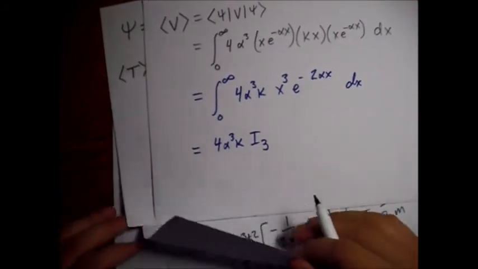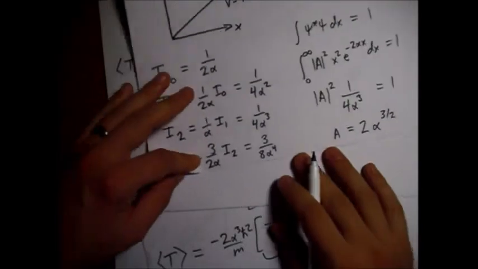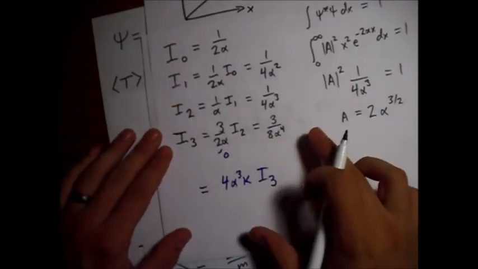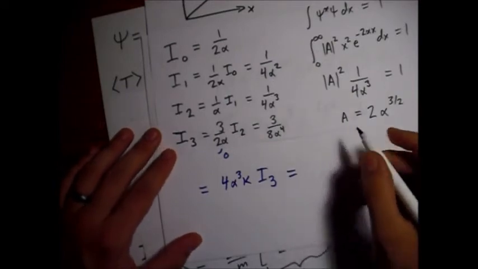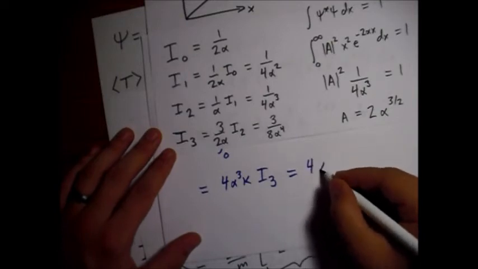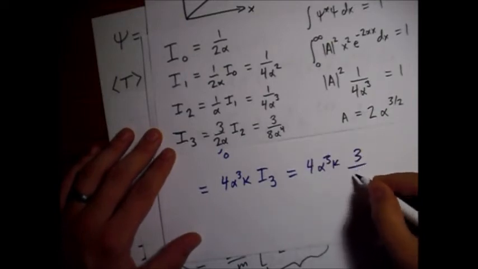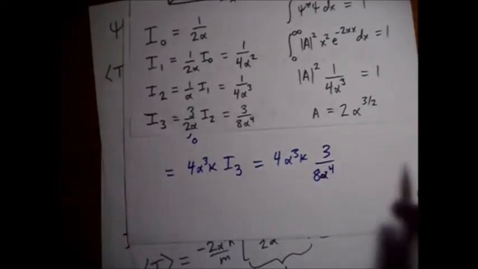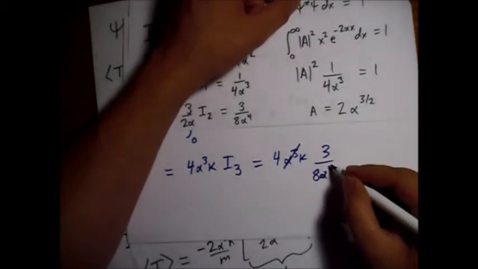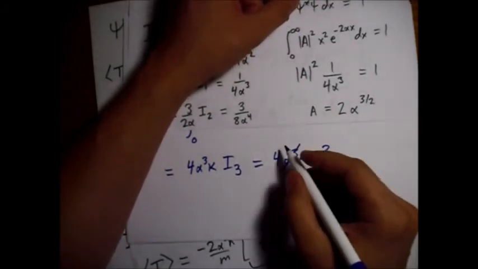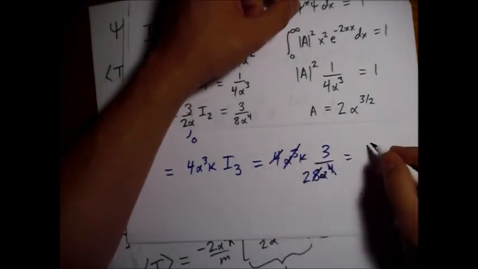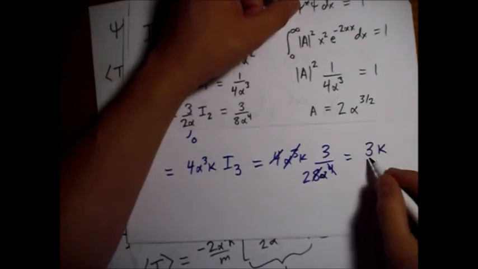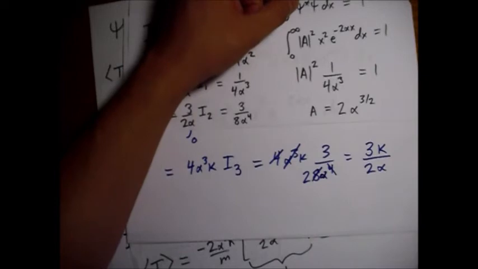So again, going back to our little cheat sheet, we get 4 alpha cubed k, and then a 3 over 8 alpha to the 4th. Alpha cubed will cancel with all but one of the alphas, and this 4 is going to turn this down to 2. So we end up with a 3k on top and a 2 alpha on the bottom.